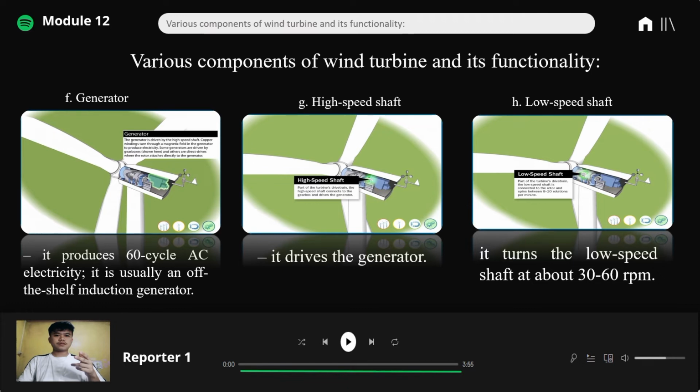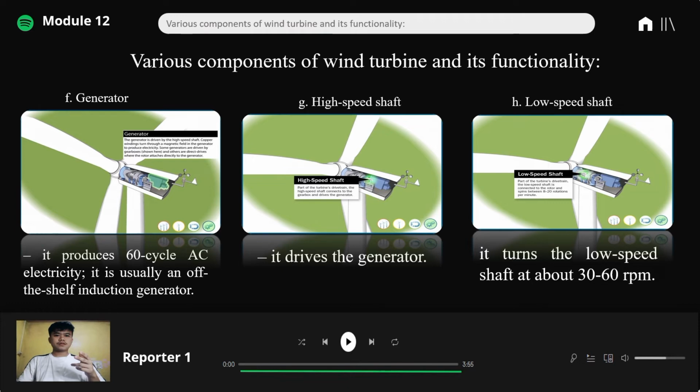So 8 to 20 rotations are happening every minute. In one hour, that is 60 times 8 to 20 rotations. That is already fairly fast, so it can produce a bit of electricity. The low-speed shaft is turned by the wind turbine rotor.